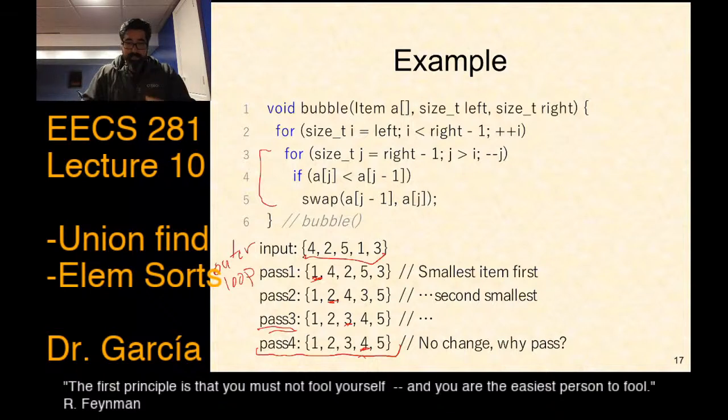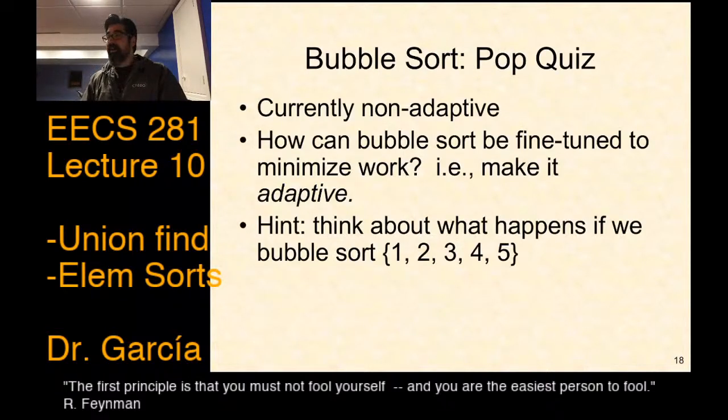Okay, so this is a non-adaptive bubble sort. Well, how can you fine tune it? We just talked about that, right? How about that last pass? If I can avoid it by somehow detecting that I no longer need to do any more passes, then I can do that, right?